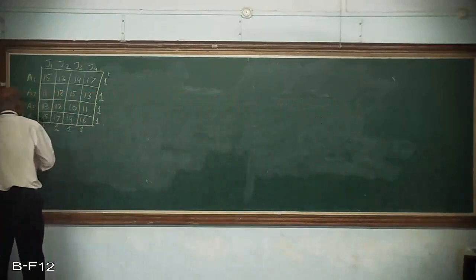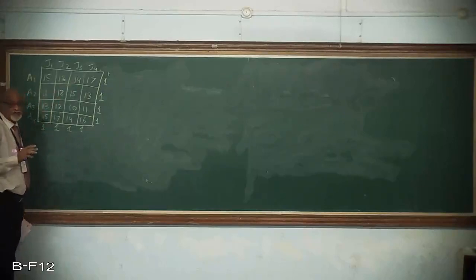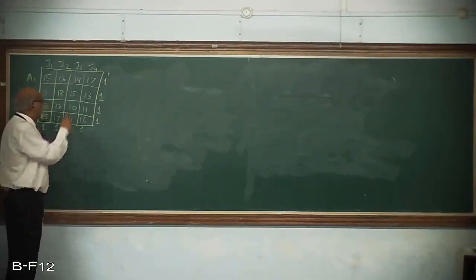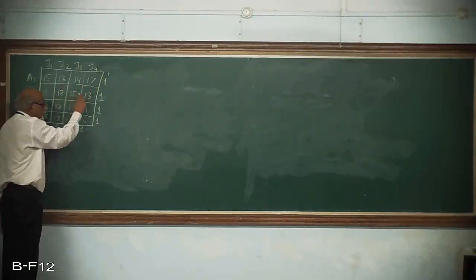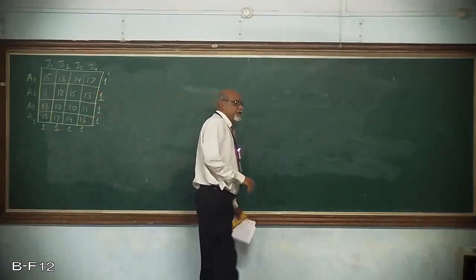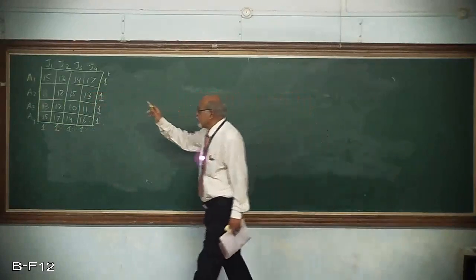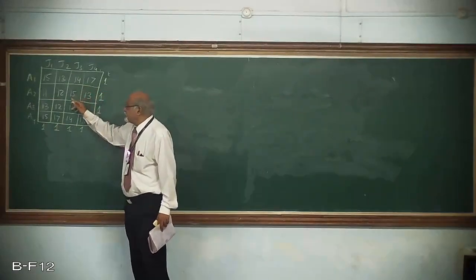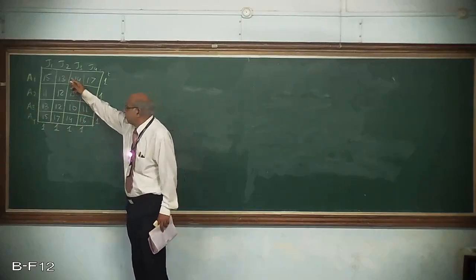That means what? If I add or subtract a constant to each element. Why we need to do that, let us see afterwards. But what we are trying to do is, if I add or subtract any constant to each row and each column for some specific purpose, and if it minimizes the cost, then the same assignment would have minimized the cost of the existing matrix.